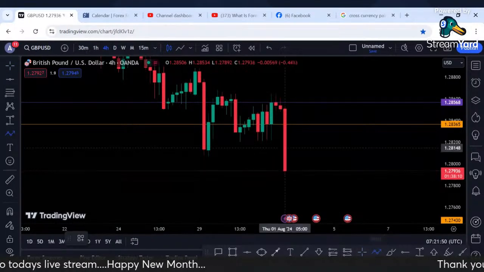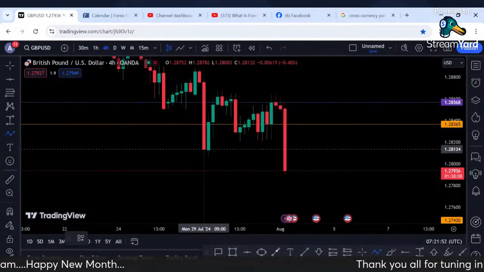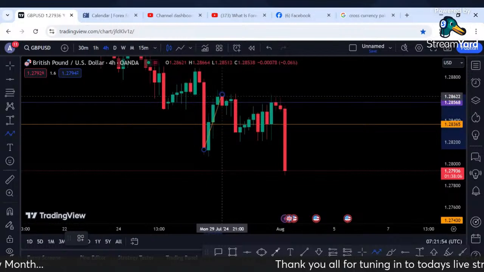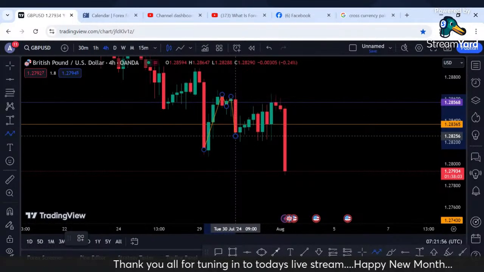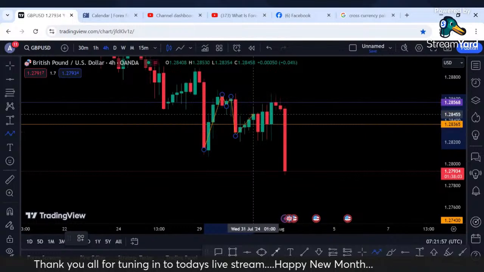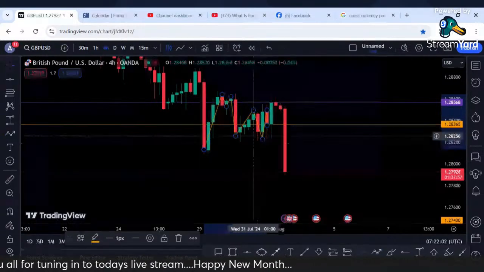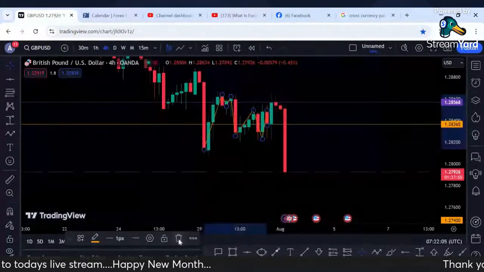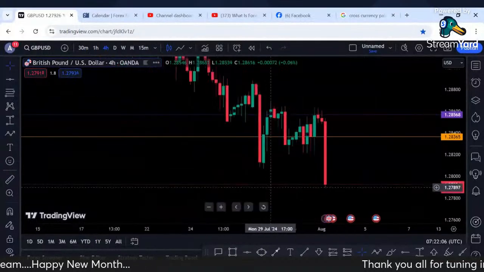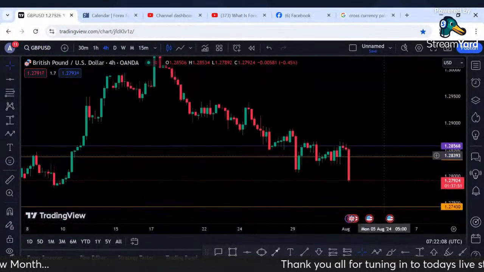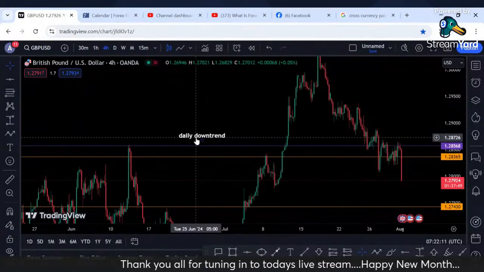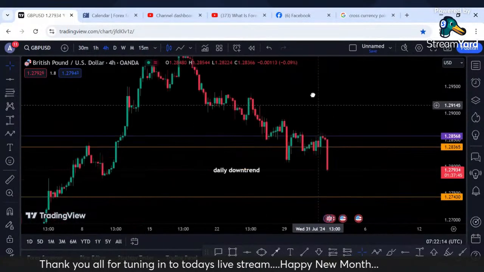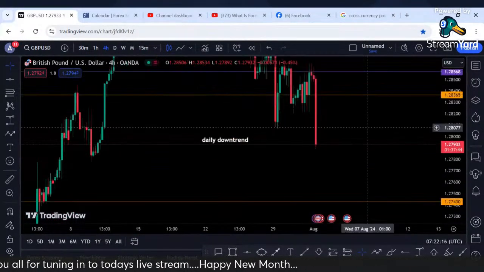It did a lower low, consolidated small. You get it? So it's still in a downtrend. H4 is still in a downtrend, so it aligns with what the higher time frame is saying. Sorry, H4 aligns with what the daily time frame is saying.